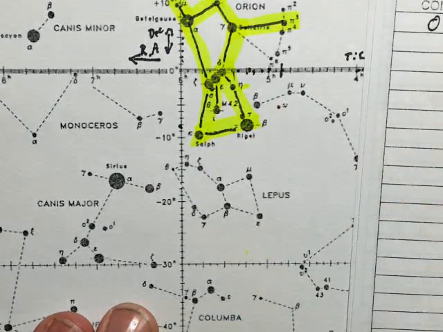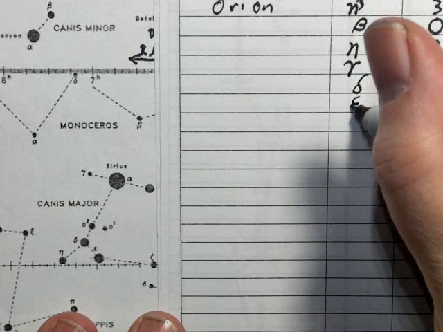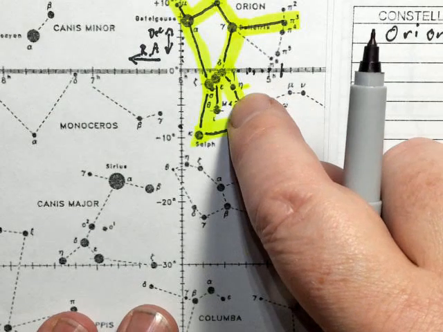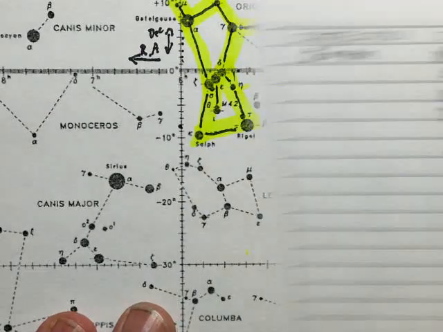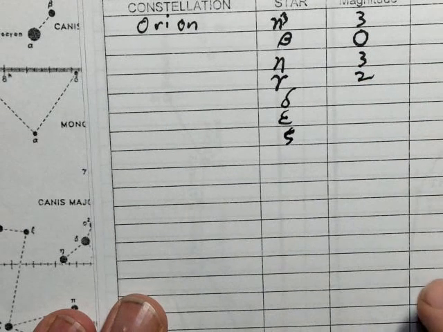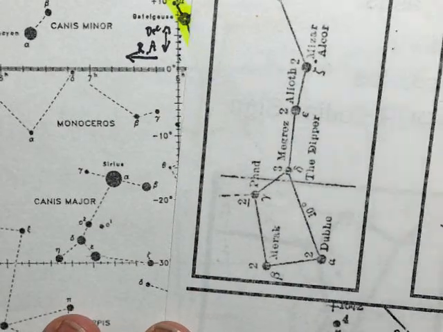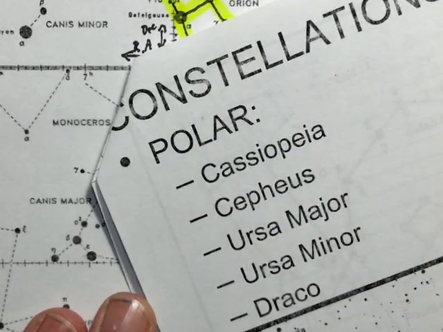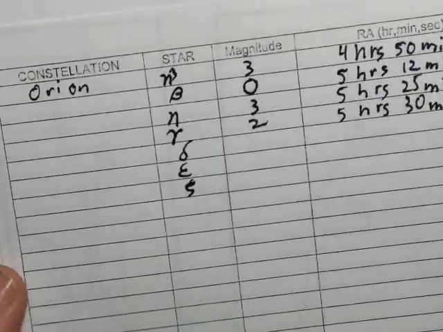Middle one looks like a little E there for eta. And then this guy over here looks like zeta. I think that's the right one. Zeta. That's one I keep on forgetting.